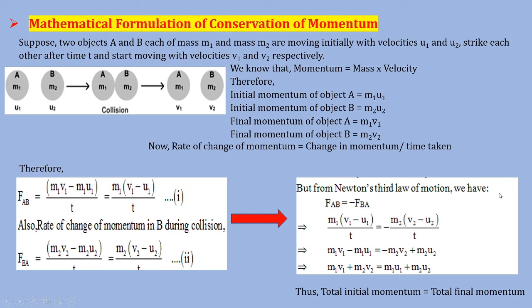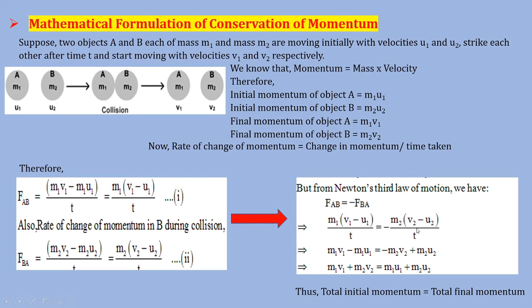But from Newton's third law of motion, now what is Newton's third law of motion? It says that to every action there is an equal and opposite reaction. If A applies a force FAB on B in collision, then B will apply exactly the same force on A but in the opposite direction. So if the force on B due to A is FAB and the force on A due to B is FBA, then FAB equals minus FBA.